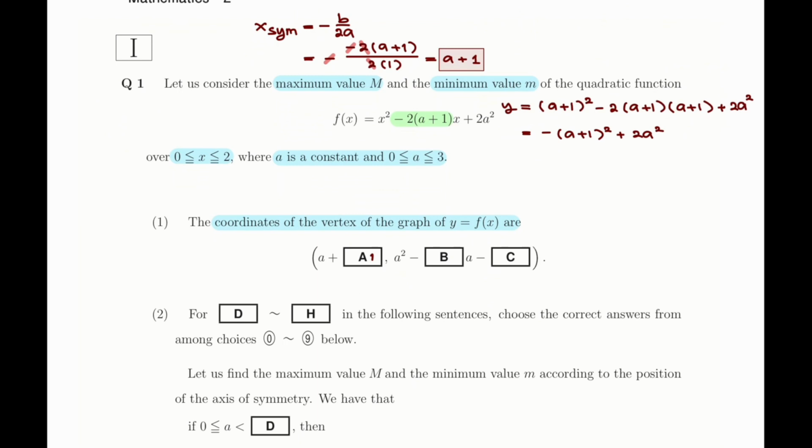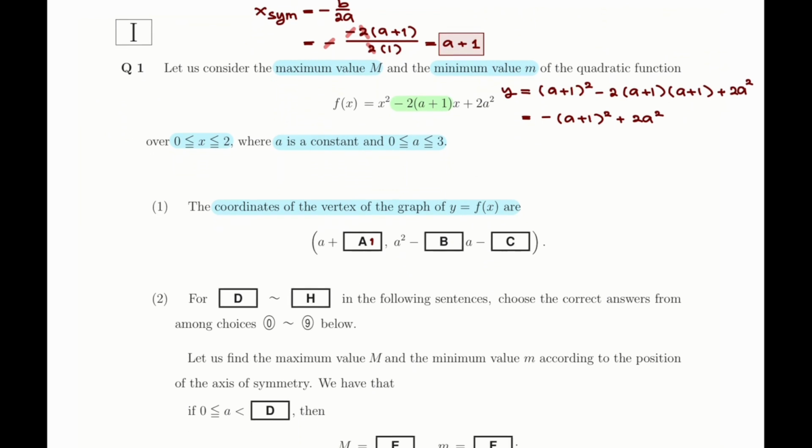And then if I expand this, and also distribute the negative sign, then I will get negative a squared minus 2a minus 1 plus 2a squared. If you simplify these two terms, 2a squared minus a squared, you will obtain a squared minus 2a minus 1.